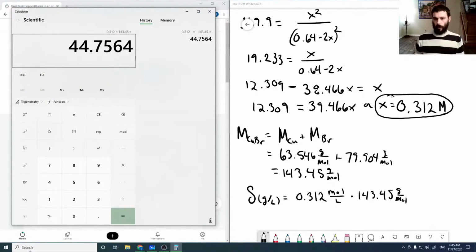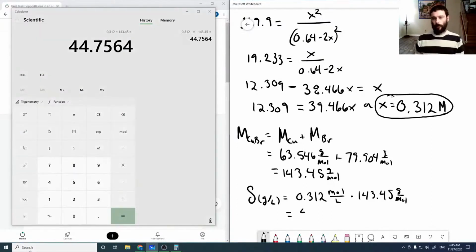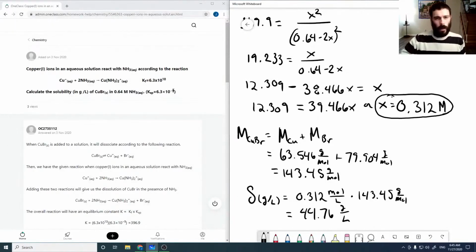So our solubility in grams per liter is 44.76 grams per liter. Or, well, we have 0.64 molar NH3, so that would be our significant figures. So I would say about 45 grams per liter.